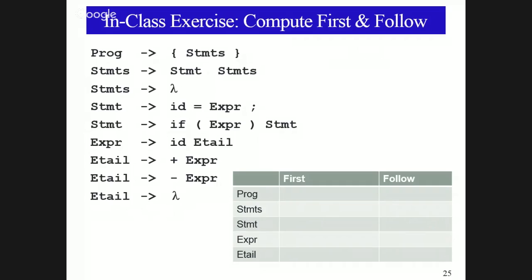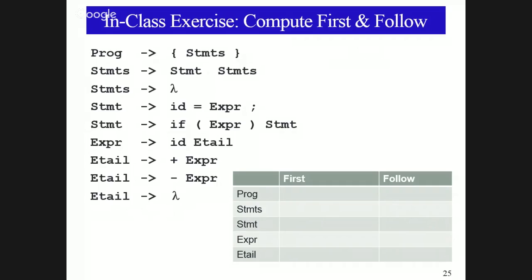Okay, so did I draw my arrow the wrong way here? So e-tail has expression, lambda. Expression, e-tail. E-tail, expression. Statement, statement, statements. Okay, so these are the arrows. So that's why I reversed my arrow. But that's just on the follow set, right?